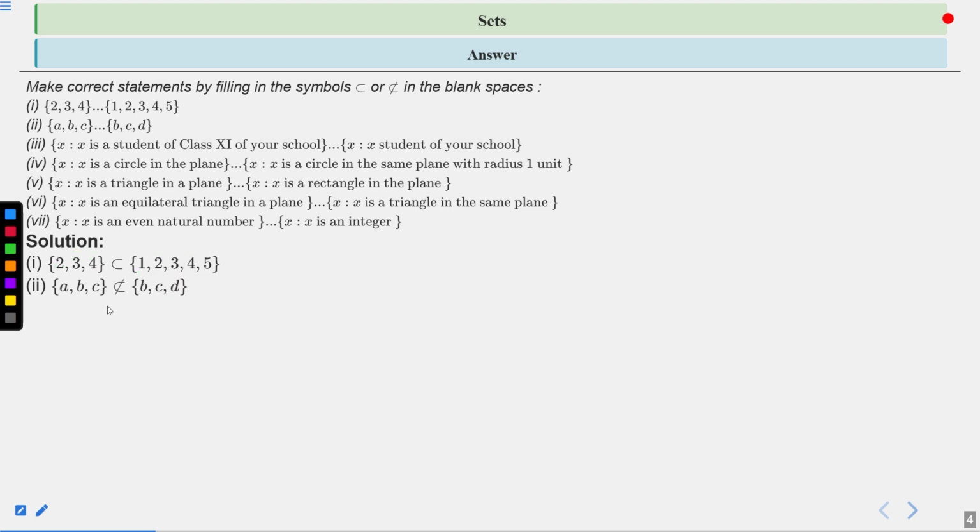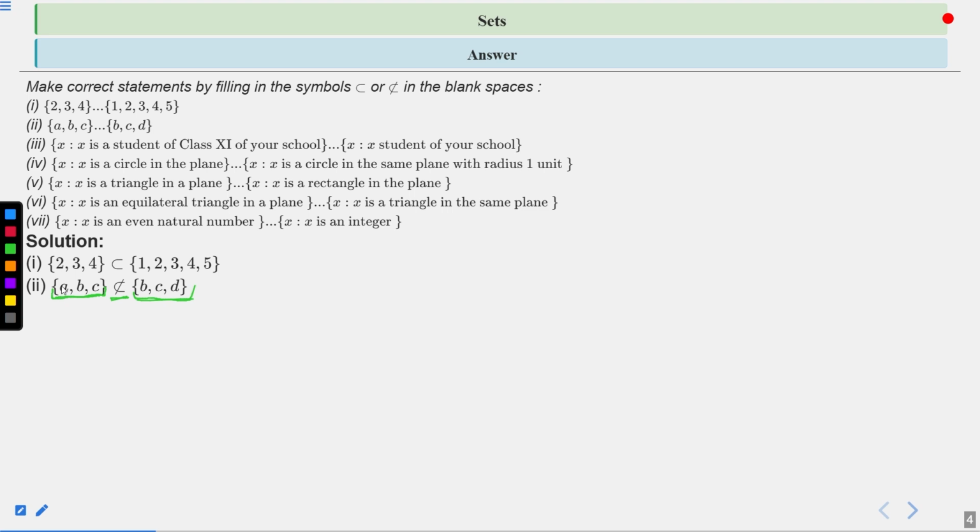Now for second, the set with elements ABC is not a subset of the set with elements BCD. Why? Because in order to be not a subset, we just require at least one element from this set which does not belong to this right hand side set.